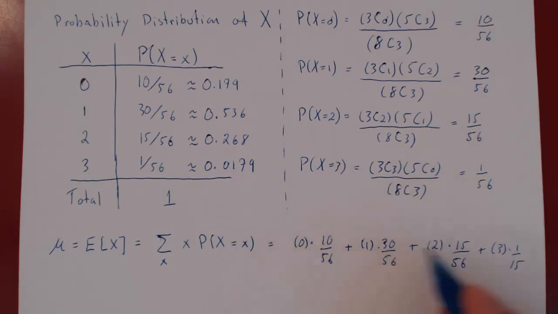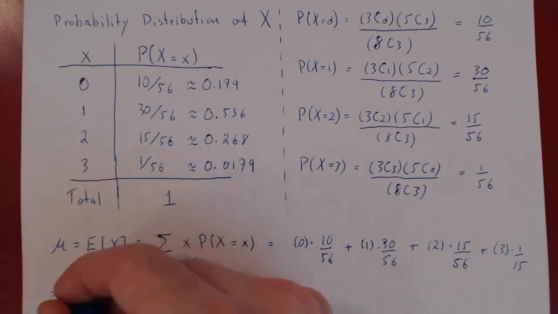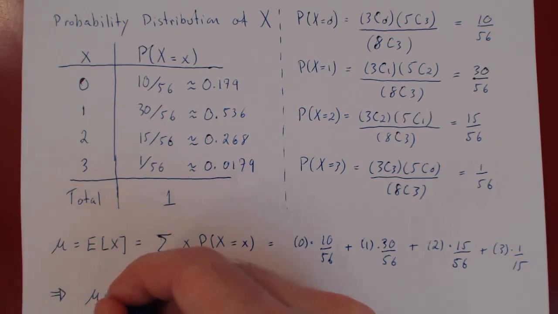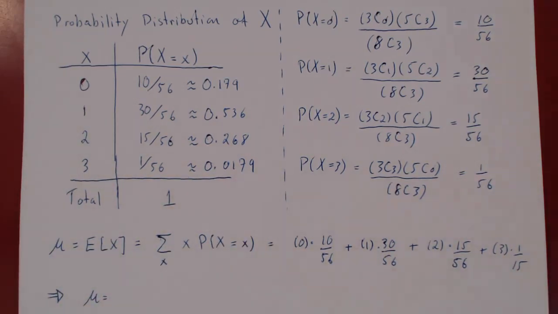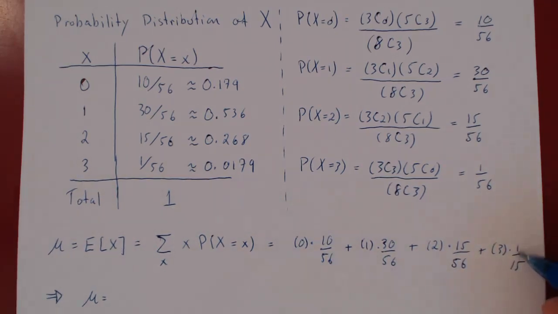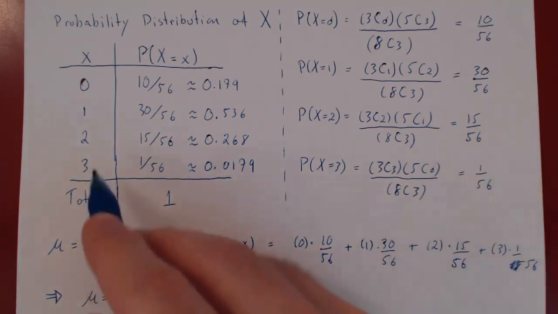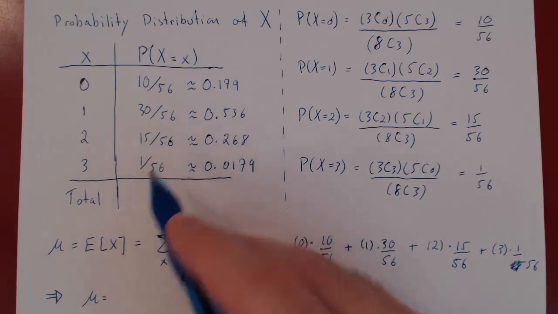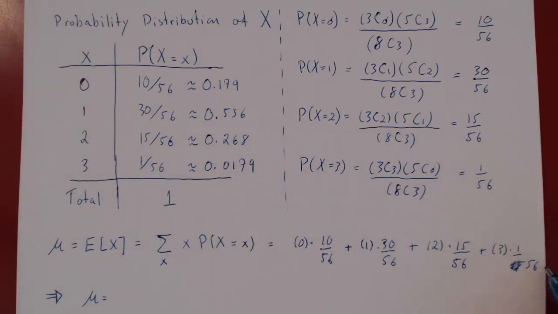And here when you compute this, use the fraction command on your calculator to get the exact value as a fraction. And if you do, you will get that the mean is equal to 63 out of 56, right? 0 plus 30 plus 30 is 60, plus 3 is 63. Whoops, sorry. It's not 1 out of 15, it's 1 out of 56, right? 3 times 1 over 56.